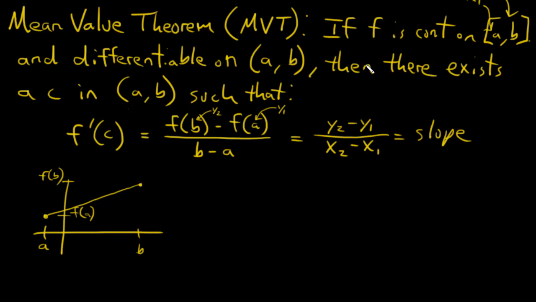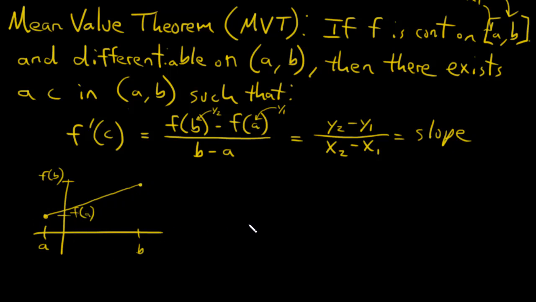Now, the mean value theorem says that there is at least one C, some value in between A and B, that has a slope that matches the average slope between A and B.